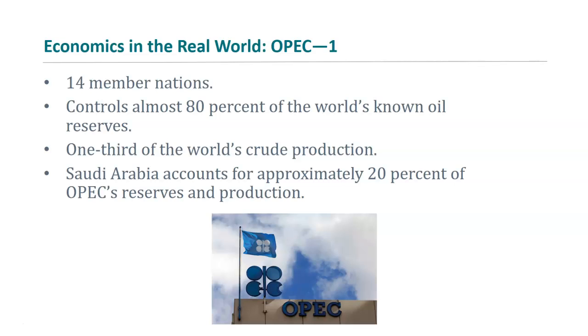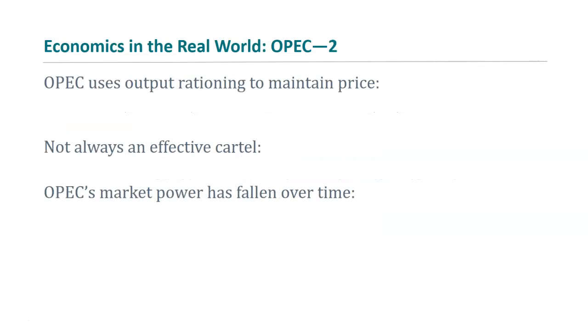So OPEC uses output rationing to maintain prices, right? With a downward sloping demand curve, if you can reduce output, if you can lower quantities, then that increases the price that your consumers are willing to pay for your oil.